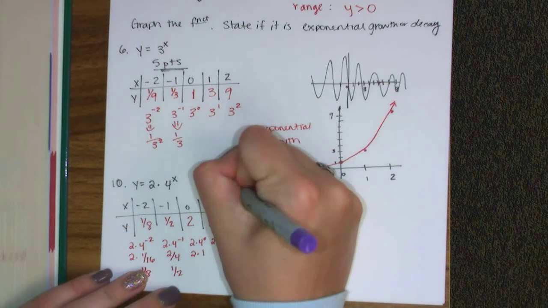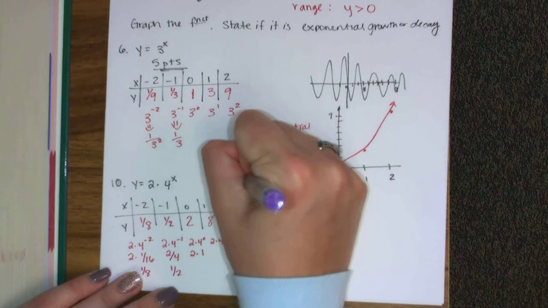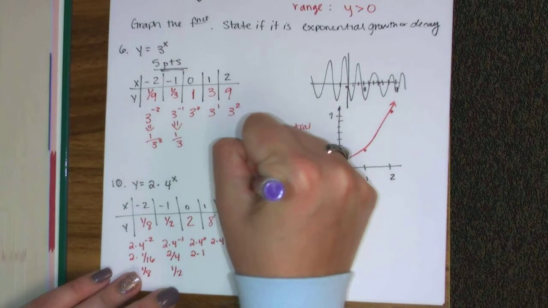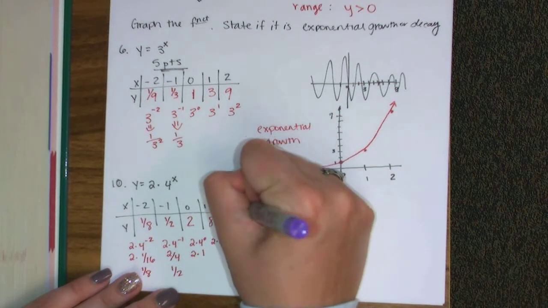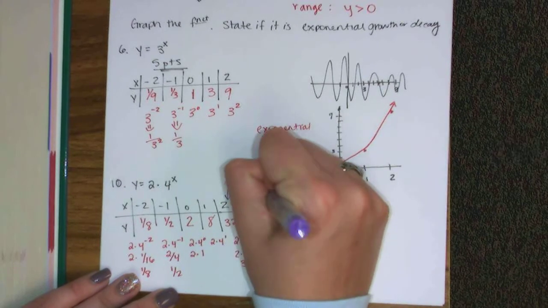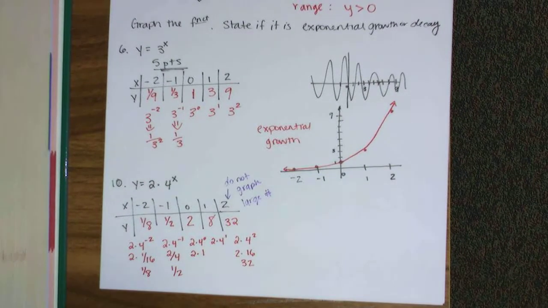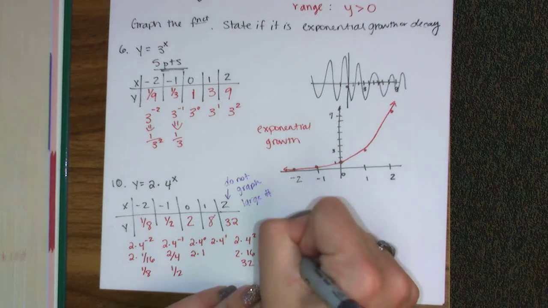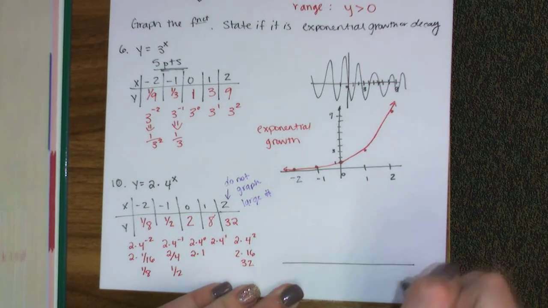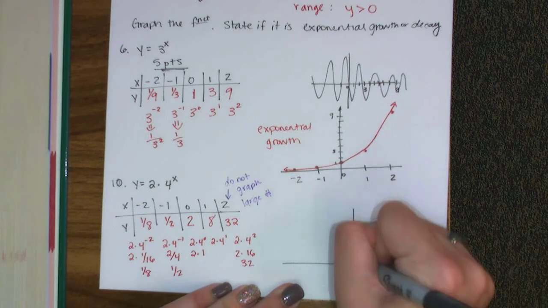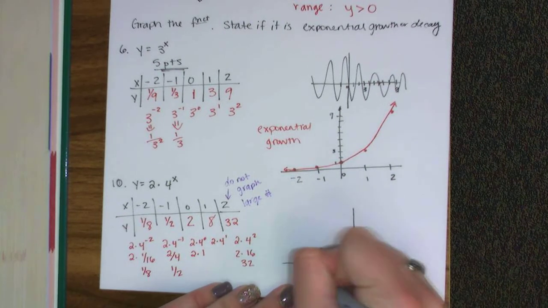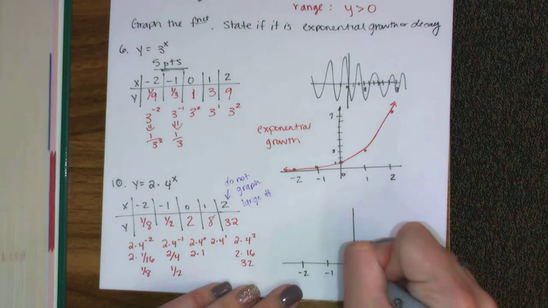Okay, this time when I do it, I have negative 2, negative 1, 0, 1. I'm not even going to write the 2. The value's just too big. So I'm going to go 1, 2, 3, 4, 5, 6, 7, 8 is the highest that I need to go. And let's see, I need to label the 2 and the 8 there just so I can kind of see where I'm at.